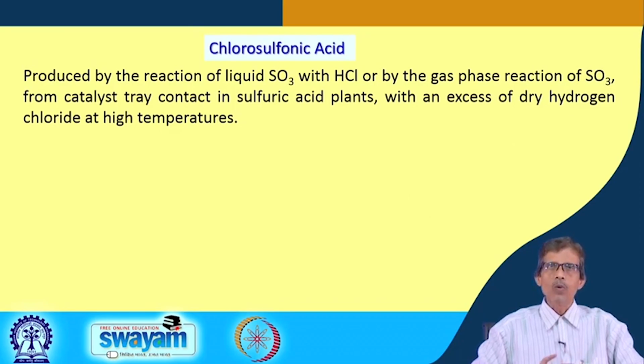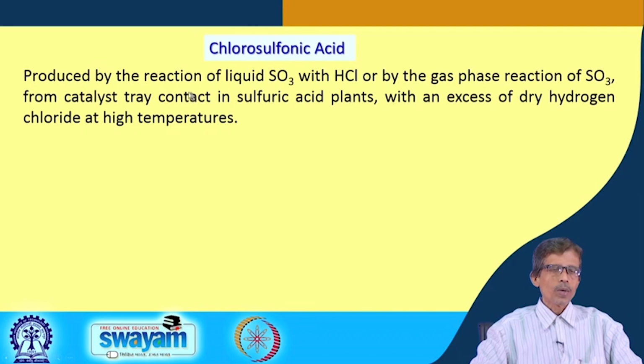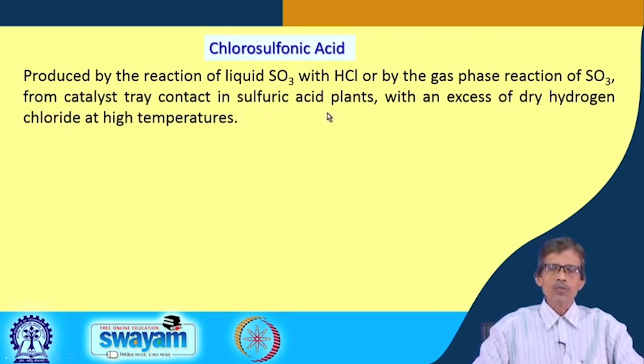Now, instead of that, we have Cl attached to that particular part, and it is produced by the reaction of liquefied sulfur trioxide with HCl, or the gas phase reaction of SO3 from a catalyst tray contact in sulfuric acid plants, because in sulfuric acid plants we are handling sulfur dioxide for making sulfur trioxide, which is absorbed by water. So, there are catalyst trays, and those catalyst trays contact can be utilized for this particular conversion also.